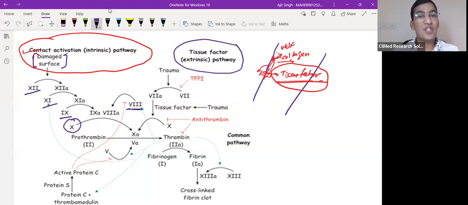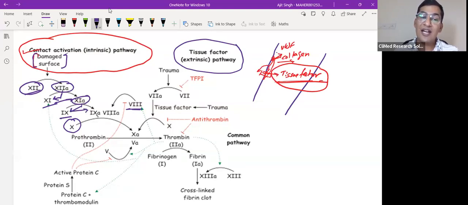When there is an injured site, all the blood coagulation factors which are already there in the blood come in contact with the damaged surface and get activated one by one. First 12 gets activated into 12a, right? Then 12a activates 11 to 11a, and 11a activates 9 to 9a.